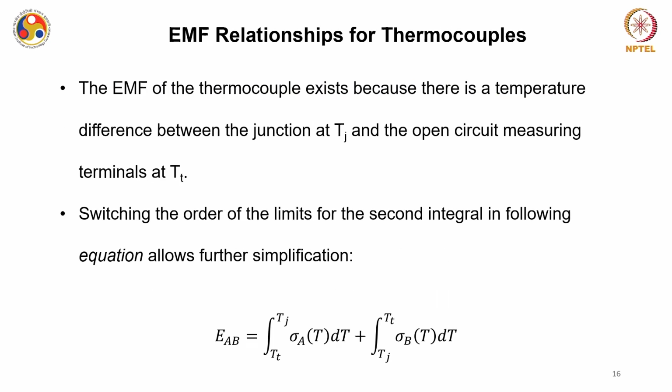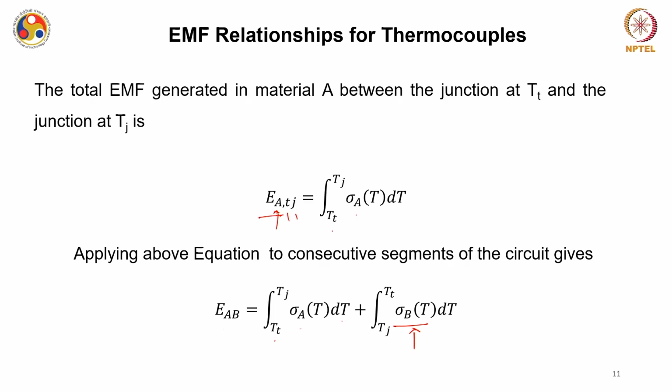Now the EMF of the thermocouple exists because there is a temperature difference between the junction at Tj and the open circuit measurement temperature at terminal Tt. Switching the order of the limits of the second integral in that equation will help us in simplifying this. So I am just changing the order of this integration, say from Tt to Tj.